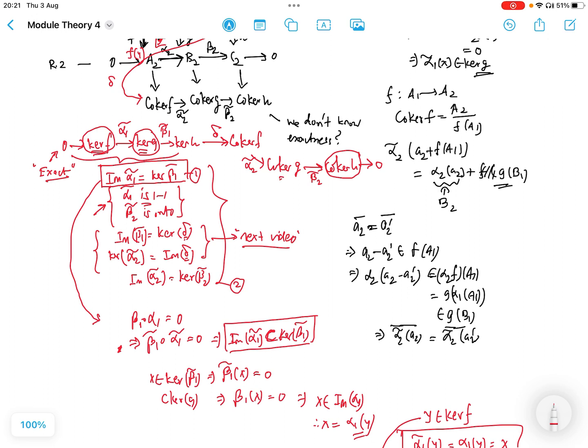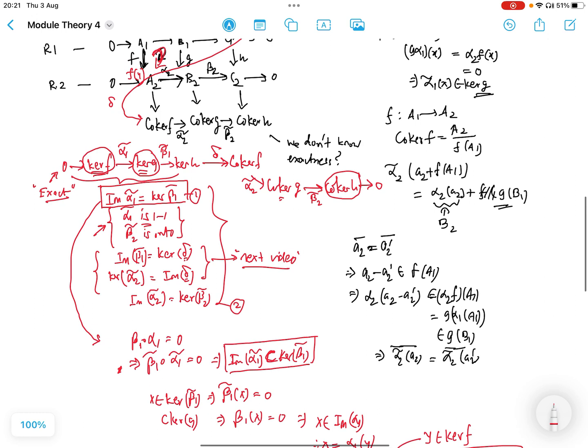Right? So again, the basics. The first thing will be easy. Remember this alpha 2 and beta 2 inducing the maps alpha 2 tilde and beta 2 tilde, right? And so we again have beta 2 composed with alpha 2 giving you 0, because of the exactness of the second row.